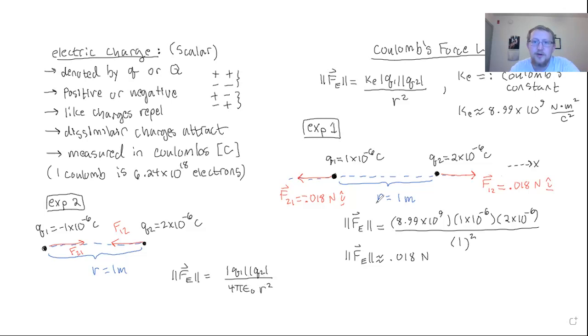So if both of these equations are valid, what that tells us is that the Coulomb constant must be equal to 1 over 4 pi epsilon sub naught. And so epsilon sub naught is called the permittivity of free space.